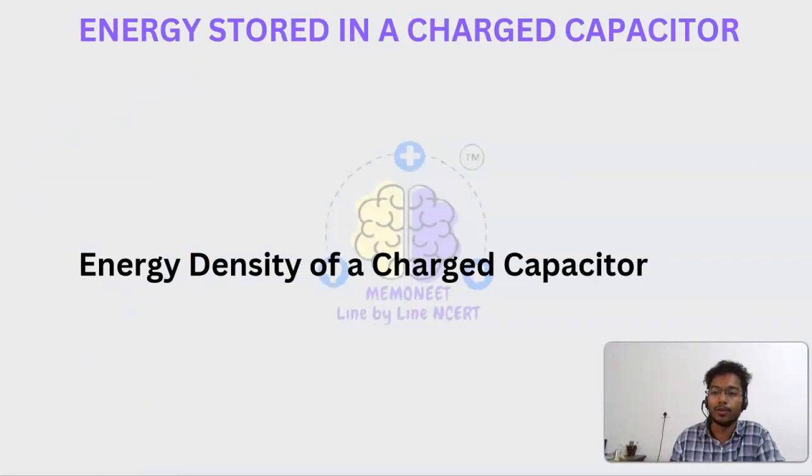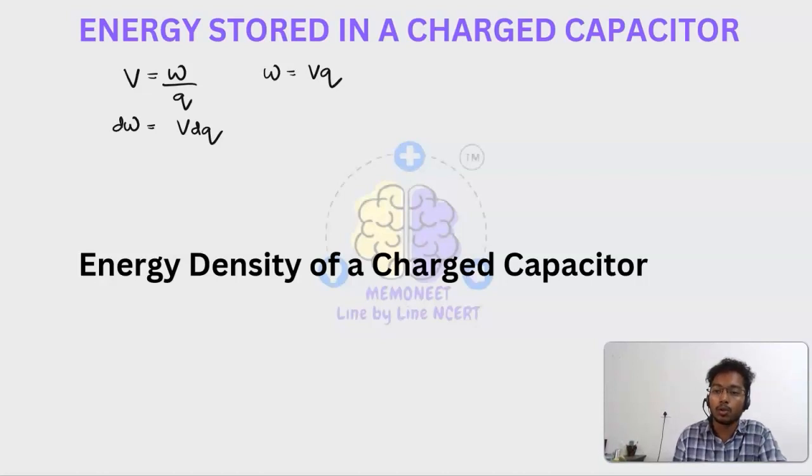For a charged capacitor, we know that the voltage V is equal to W upon Q, that is, work done upon charge. So the work done is V into Q. For a small work done, we have dW equals V into dQ. What can we write for the voltage here?